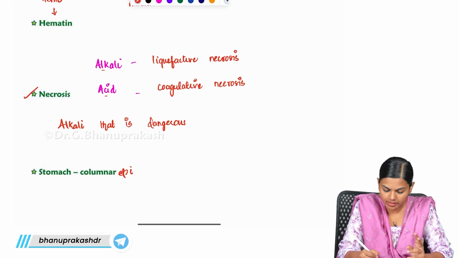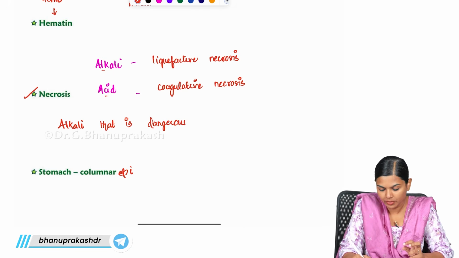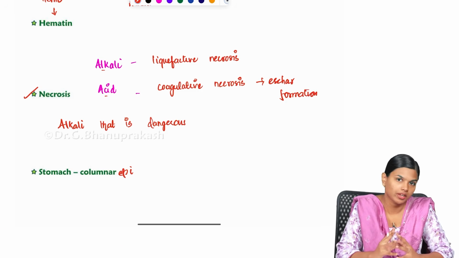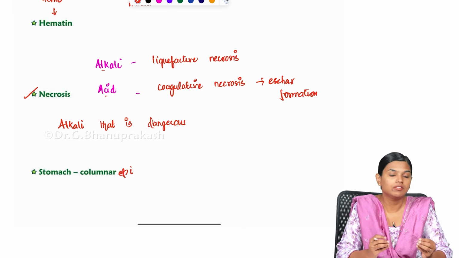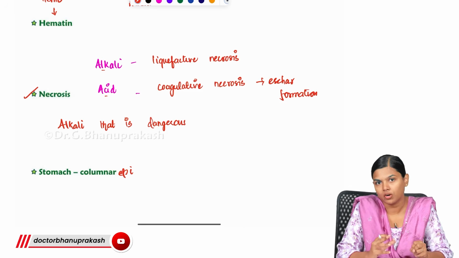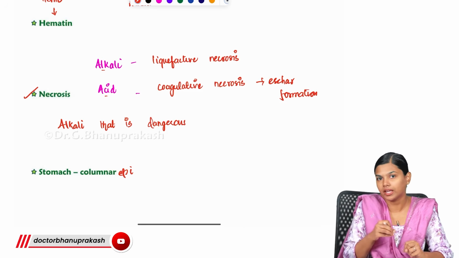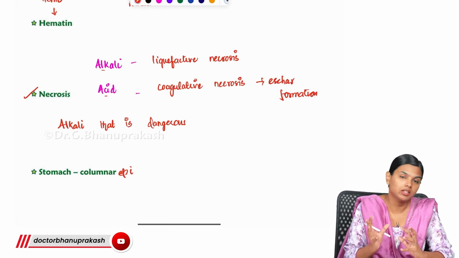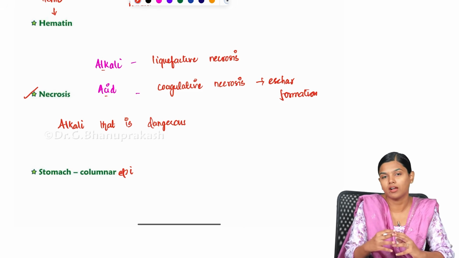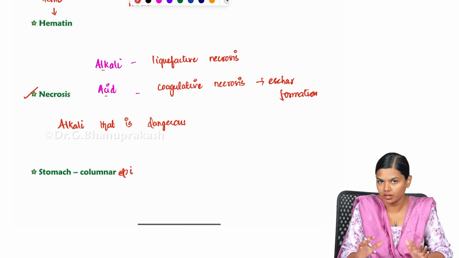But this acid, since it coagulates the tissue, will lead to Eschar formation. So there will be some hard tissue formation because of this coagulative necrosis, and because of that it will not be able to penetrate more into the tissue. A scar will form, so the acid will not trickle down any further and the damage will be limited. Unlike alkali, where it will liquefy everything and you will have extensive damage to the tissue.